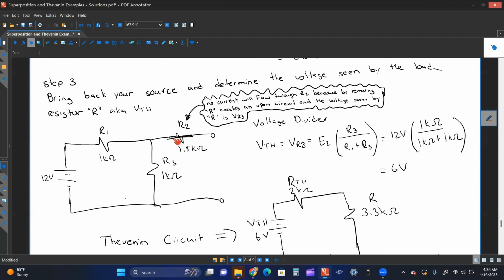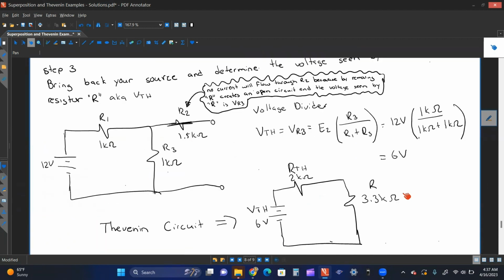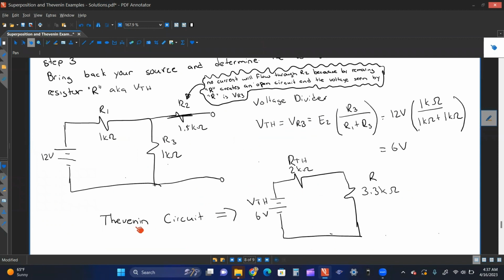You can just take it out and replace it with a line. And so the voltage that you're actually going to be reading is the voltage across R3. From there, you can just do a voltage divider, which I've done right here. And so V Thevenin is 6 volts. To redraw your Thevenin equivalent circuit, you have your 6 volts, your R Thevenin, and then you bring back in your load resistance.